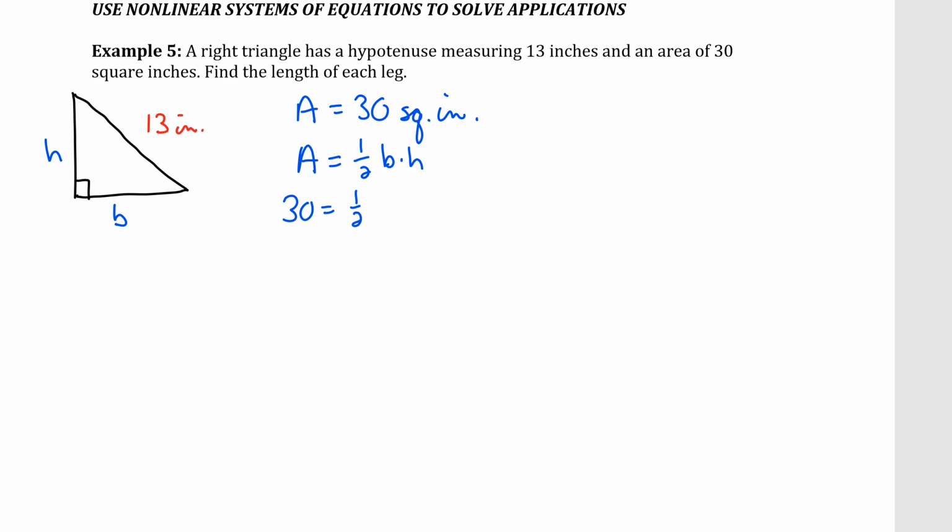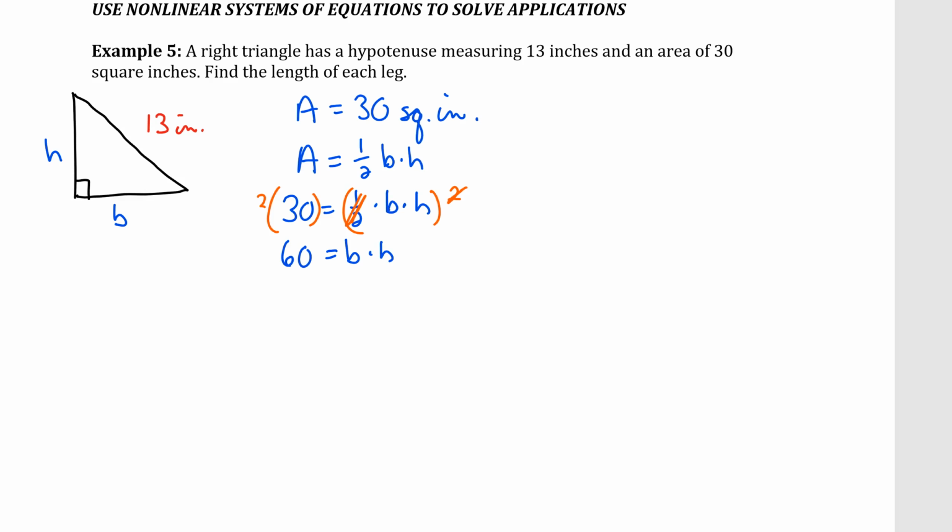It's equal to 1/2 times my base times my height. To get rid of that fraction, multiply both sides by a 2. That gets rid of these things, okay? Leaving me with 60 is equal to my base times my height.